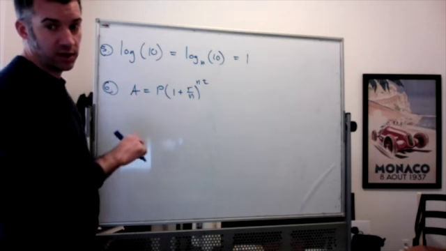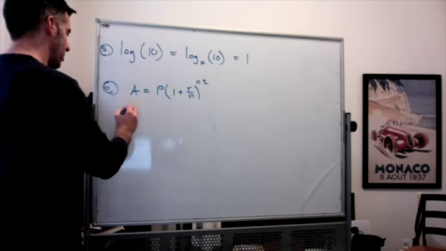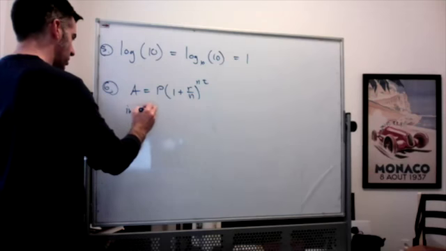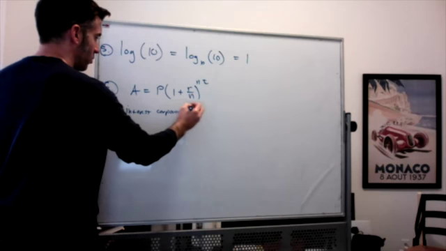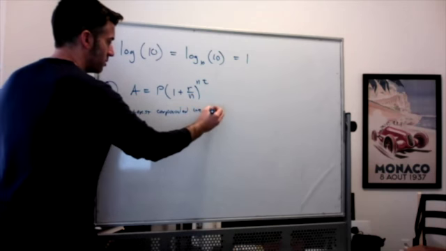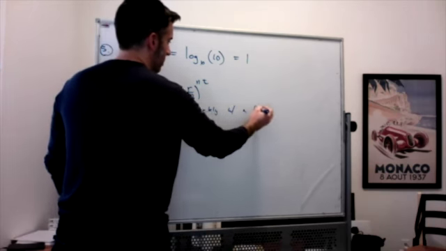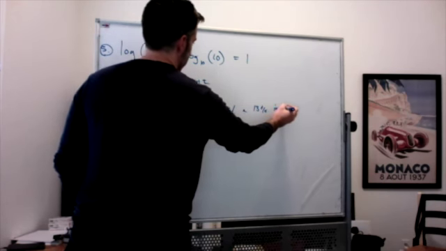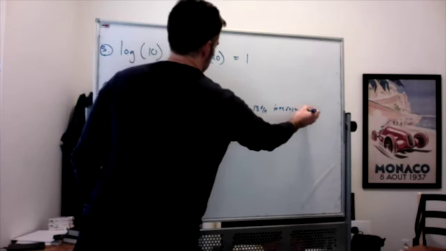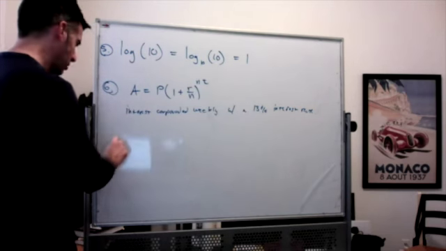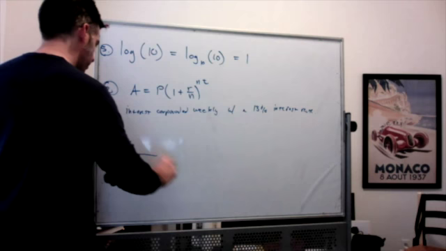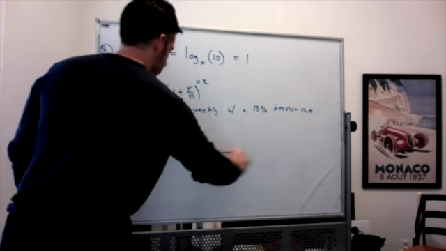So in the equation, interest is compounded weekly with a 13% interest rate. And the question is, if that's the case, what is N equal to and what is R equal to?